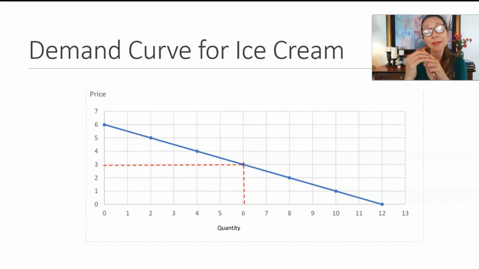So as we consume more and more ice cream, we'll have to be induced to pay for it at a lower price, because that dollar represents money that we could be using to buy something else, maybe French fries or a candy bar. The more ice cream we consume, the less we are going to want to pay for it, or the less we are going to value it. So this is a slightly different way of looking at the demand for ice cream.